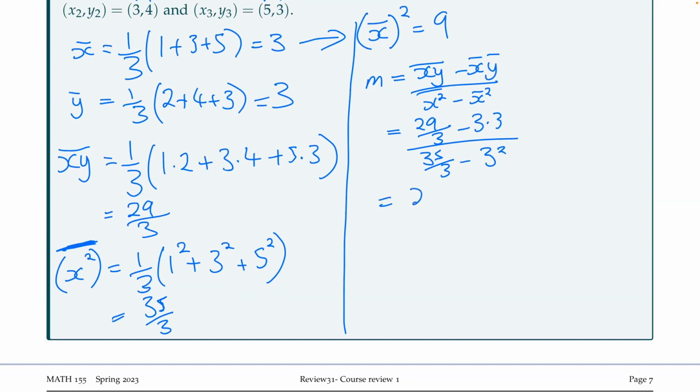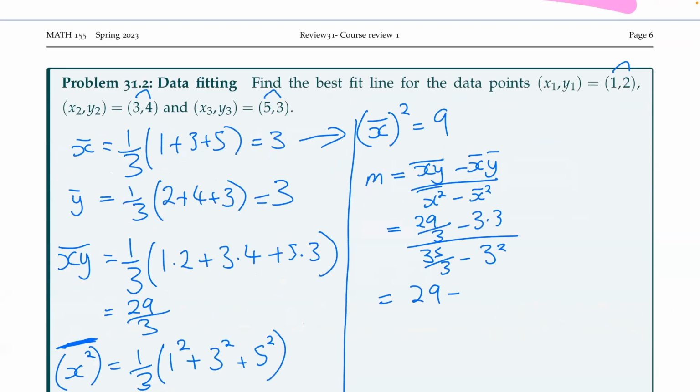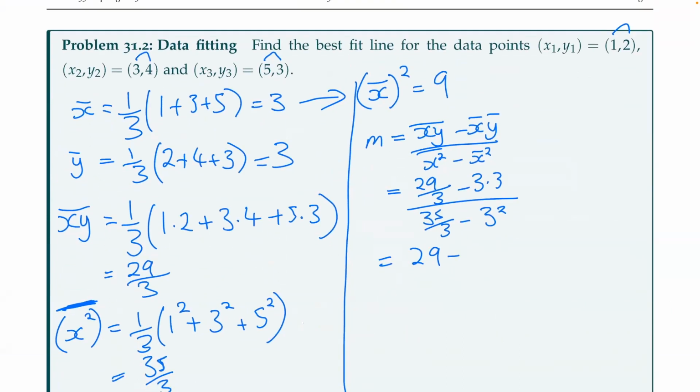If we do some cancelling, we're going to have 29 minus, let's see, we're going to get rid of this 3 here, and this 3 here. We need to then multiply this by 3 and this by 3.